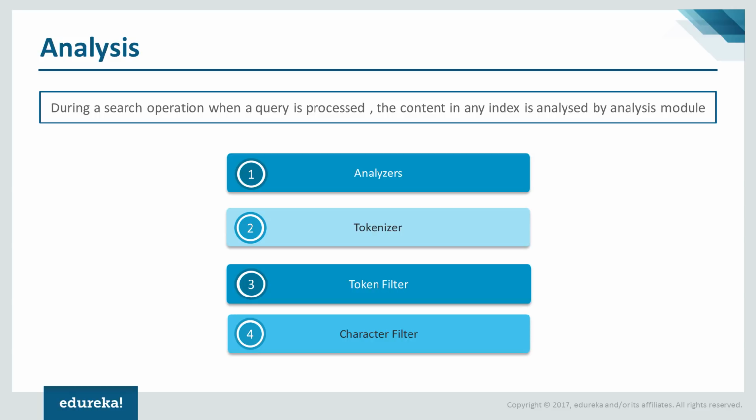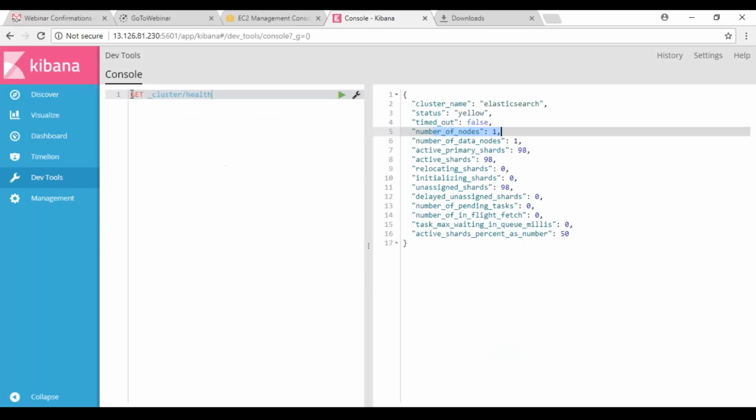I'll give you an example of this. There can be different analyzers on the basis of which we can perform the operation. What I'll do is write a simple query, _analyze. I don't know why it is not taking the completion, maybe some browser issue.